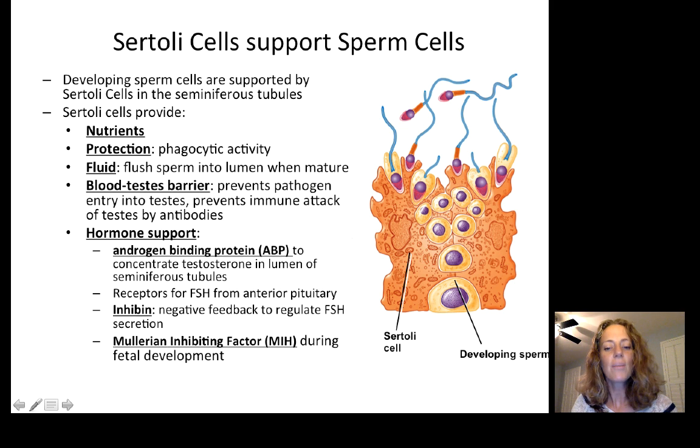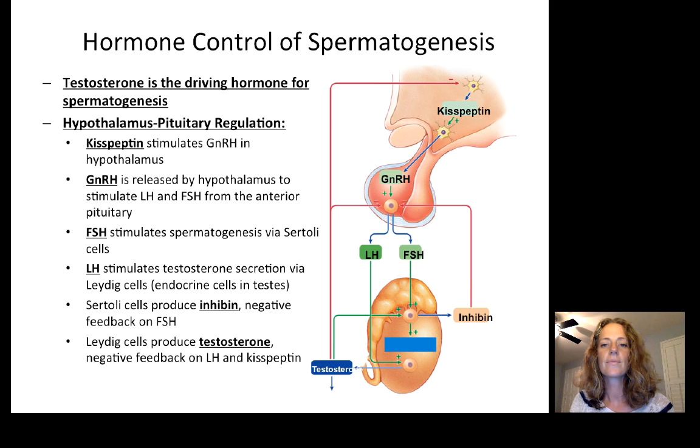This is negative feedback to regulate the hormone secretion. And then during development, we just learned about this. This is where Mullerian inhibiting factor comes from to make sure that the male reproductive tract is maintained and the female reproductive tract is degraded in a genetically and gonadally functional male.